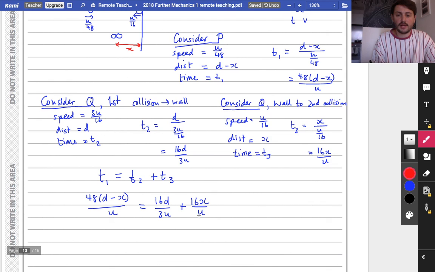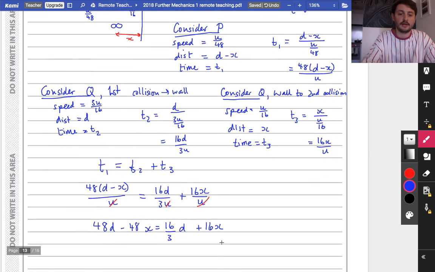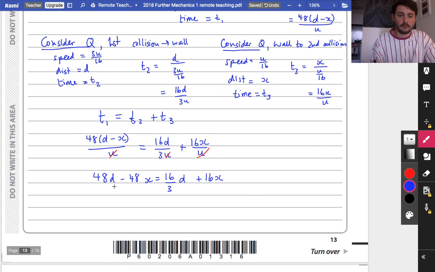Well, I can multiply everything by u and get rid of it. I can then expand these brackets, so I get 48d minus 48x equals 16 over 3 d plus 16x. And we want to find out what x is equal to. So I'm going to rearrange this.